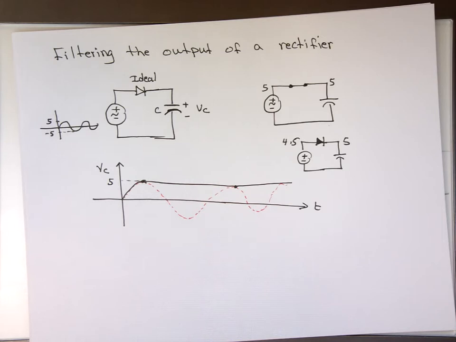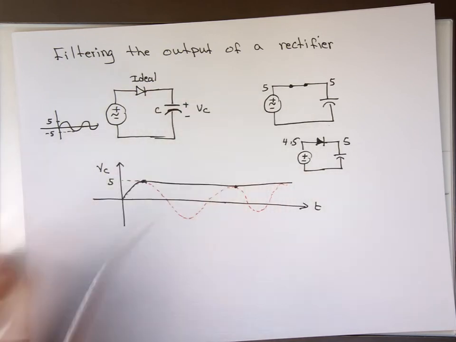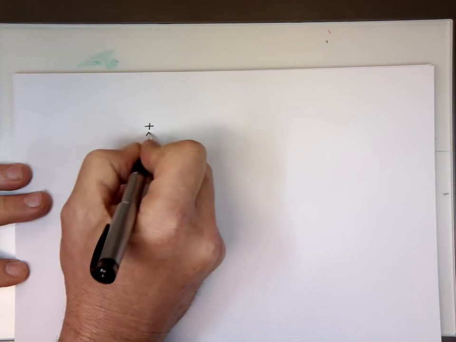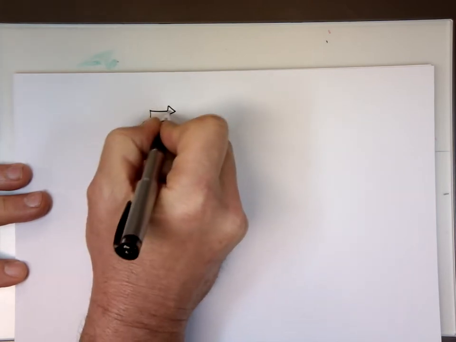Now let's modify that just a little bit. Instead of just a capacitor here, let's put a capacitor and a resistor and see what will happen. So let's take the same circuit. Ideal diode, here we go.